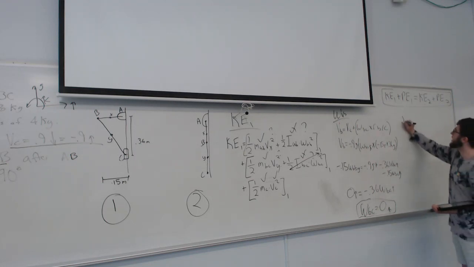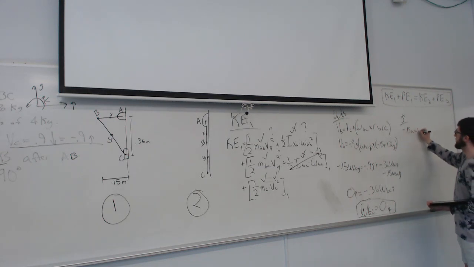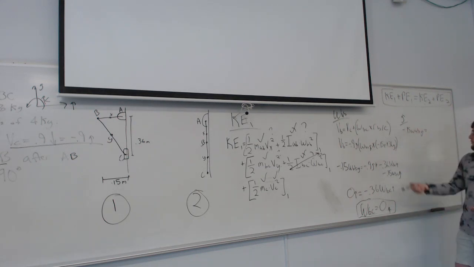Looking in the j direction of that same equation, negative 0.15 times the angular velocity of AB in the j equals just negative 0.9 in the j, because this is 0, that's 0, they just go to 0. So now we can find the angular velocity of AB.